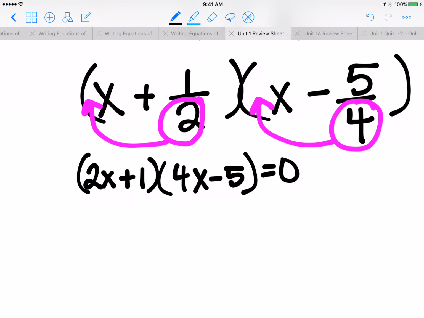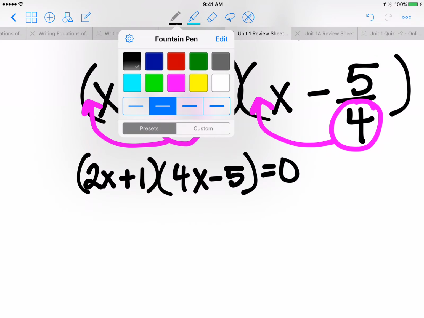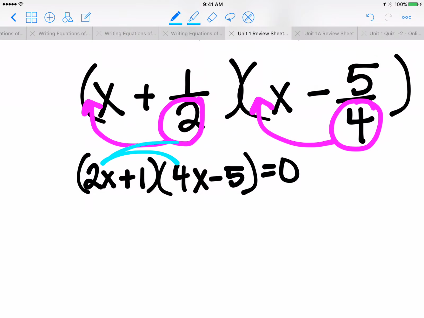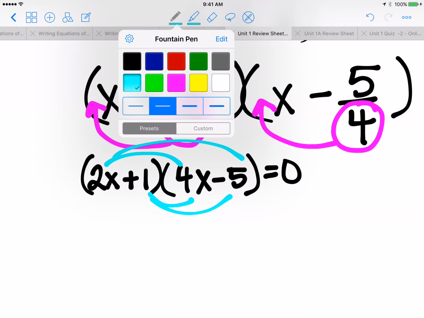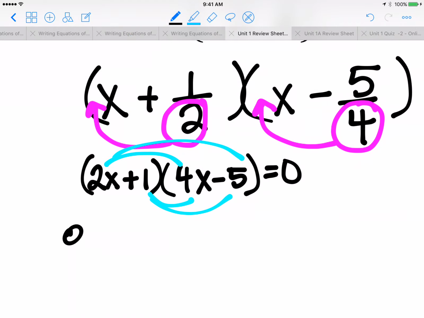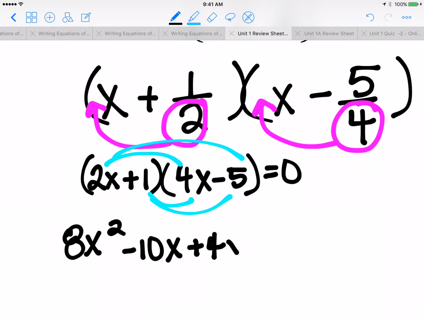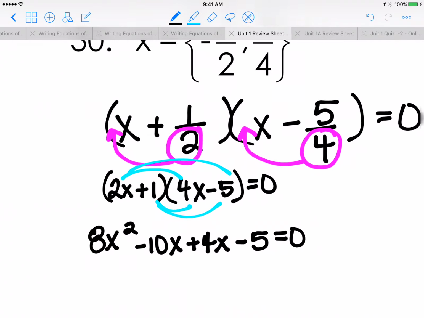And then from here, we're going to FOIL. So when we FOIL, we get 8x squared plus, let's see, negative 10x plus 4x minus 5 equals 0.